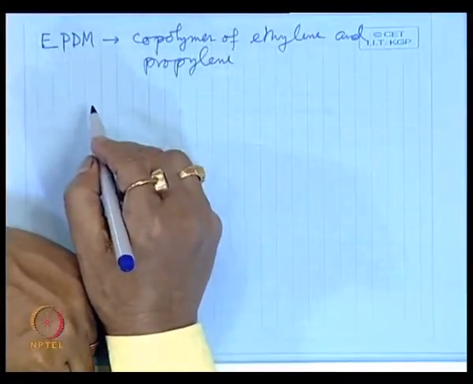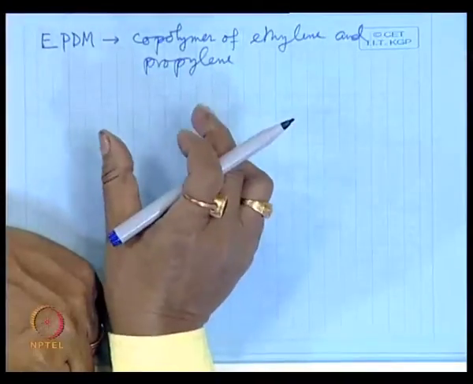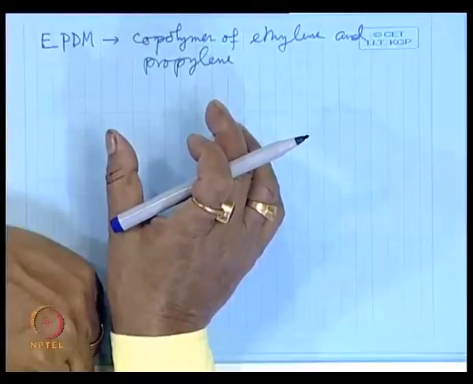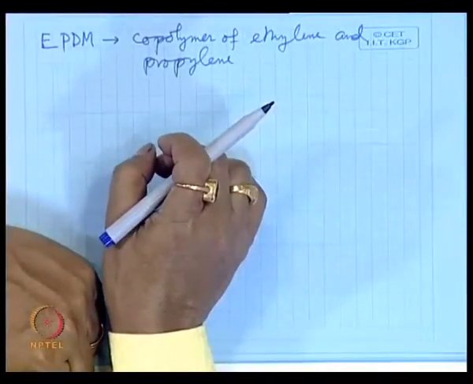Ethylene leads to polyethylene, propylene leads to polypropylene, both are plastic, but when these two monomers are polymerized together, they form a copolymer known as ethylene propylene copolymer, and that is elastomeric in nature. It develops rubbery properties. The reason I will explain later.